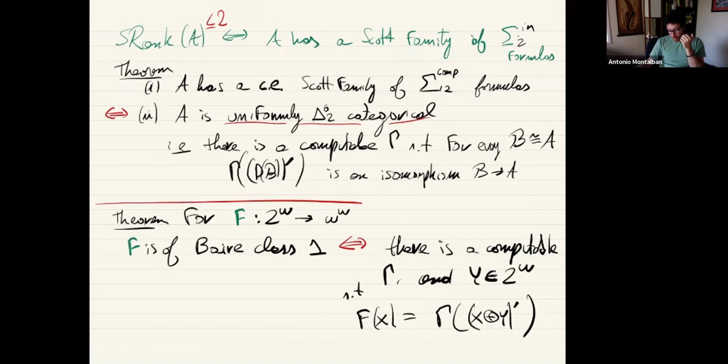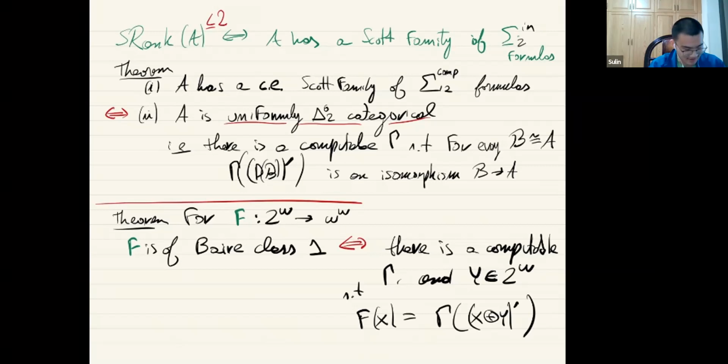Yes, and when you define the back-and-forth relations, in that case they are the intersection of the previous ones. So only the formula case is somehow different from the others.